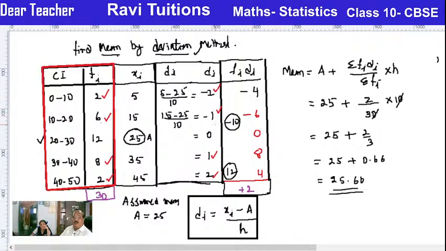These things only will come in di in every frequency table: 0, -1, -2, +1, +2. So multiplication with a smaller number is easy. In the direct method, multiplication has to be done with fi xi. Multiplication with bigger numbers is a little bit difficult.